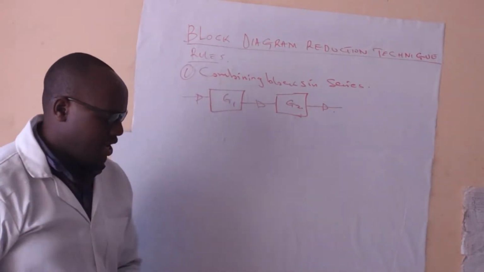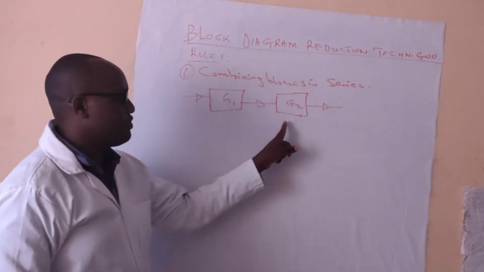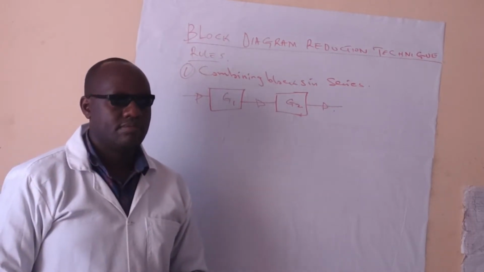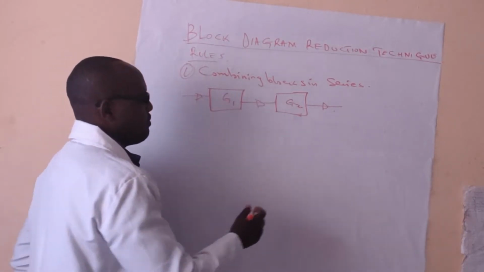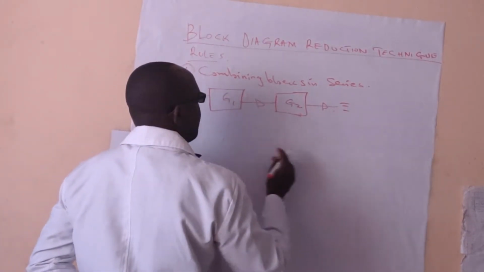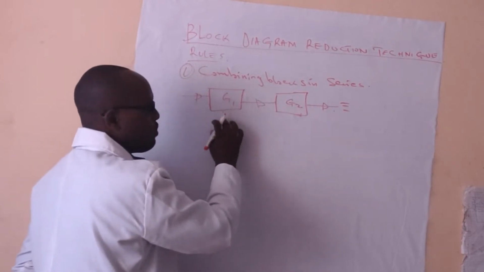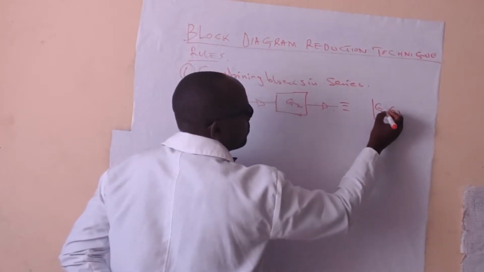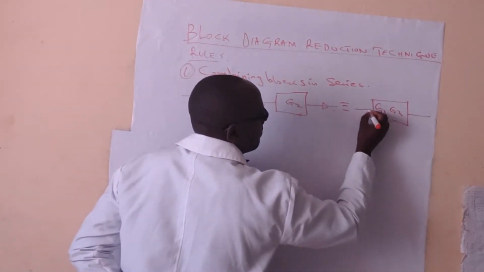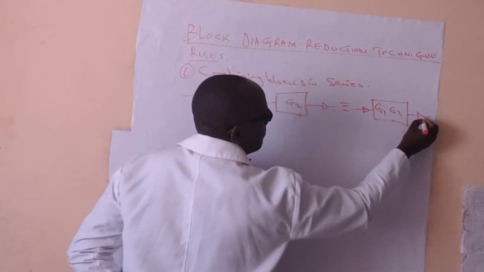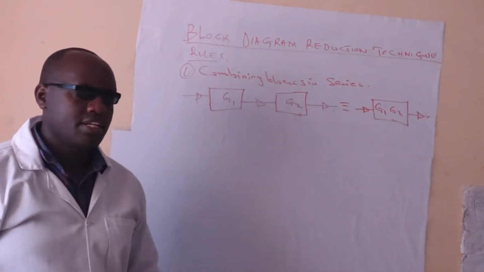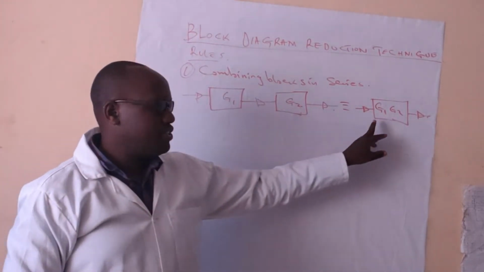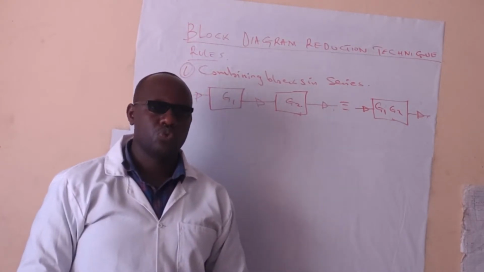So the equivalent of those block diagrams arranged in series, and what is the equivalent of this? The equivalent of this would be the product, G1 G2. That is rule number one. So the blocks which are in series, the equivalent is going to be G1 G2.